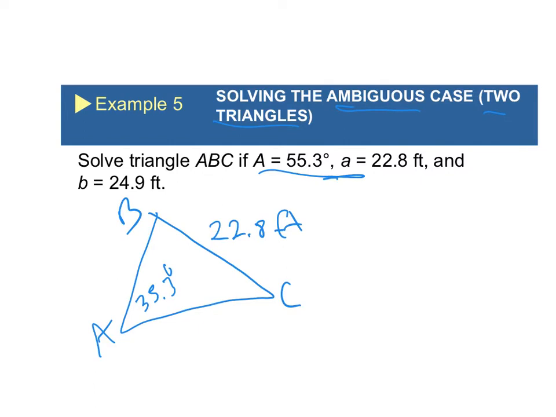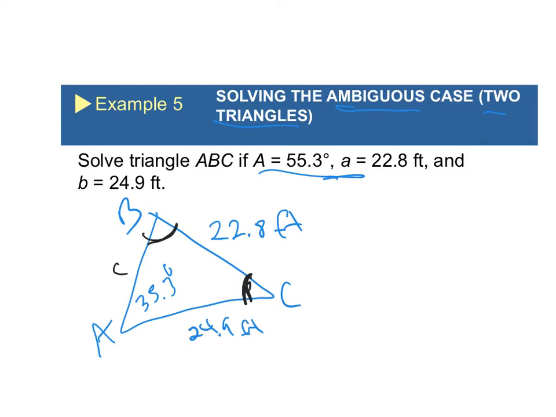Side B, over here, 24.9 feet. What measurements do I not have? I don't have side C. I don't have angle C. I don't have angle B.